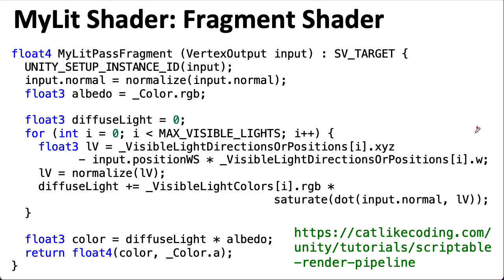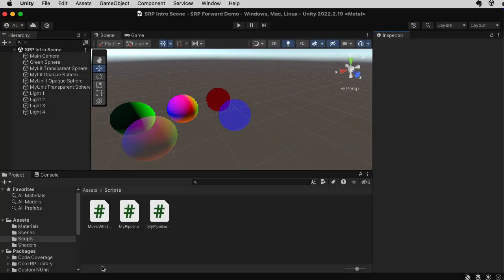Now, if it's a point light, this W component has a 1 in it, so we wind up with the position of the light, which is what is stored here, minus the position of the coordinate from the facet in world space. So that gives us our vector pointing from the facet to the light, and we do need to normalize that probably.